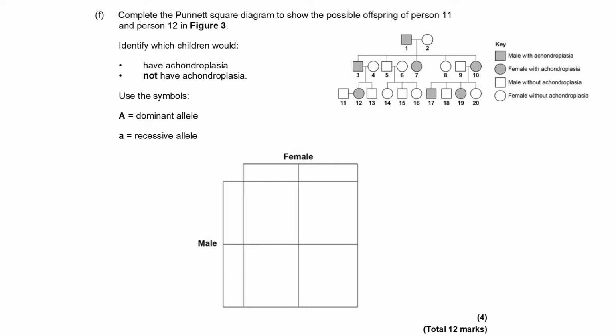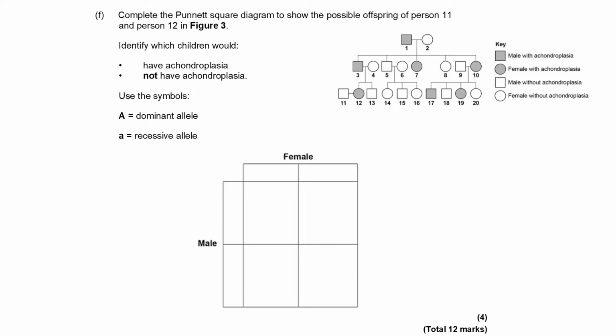And they've said use the symbols capital A for the dominant allele and lowercase a for the recessive allele. It is really important that you follow the key that they've given you. I have marked many exam papers where students do not use the key they've been given by the examiner, and they use a letter that doesn't have a different look in the uppercase and lowercase letters, which is pointless. So please make sure you use the information they've given you.